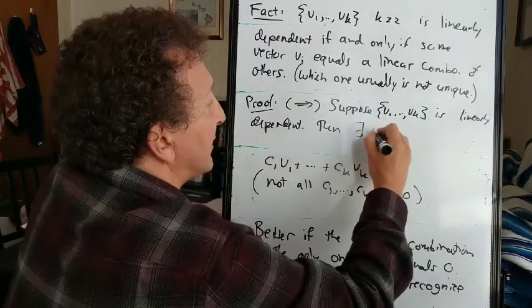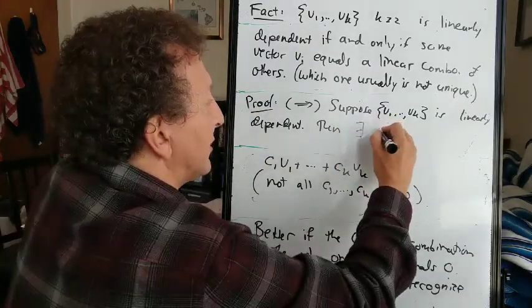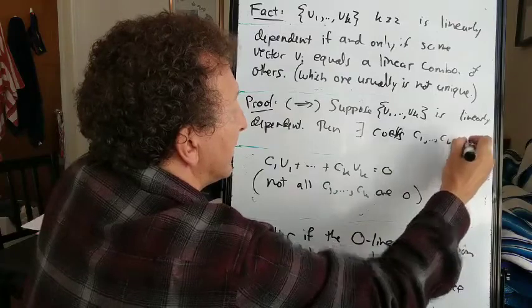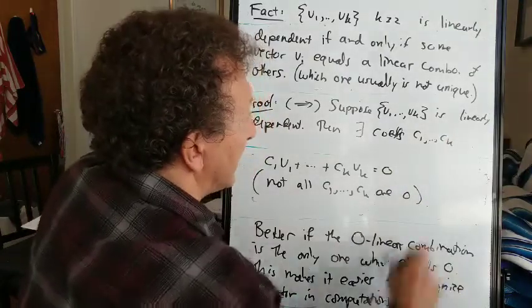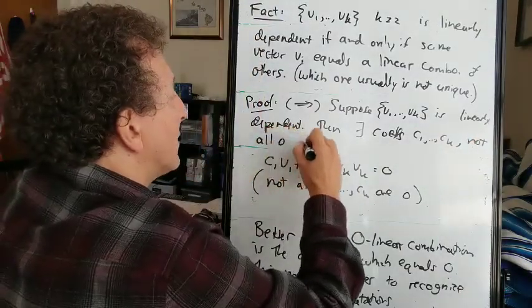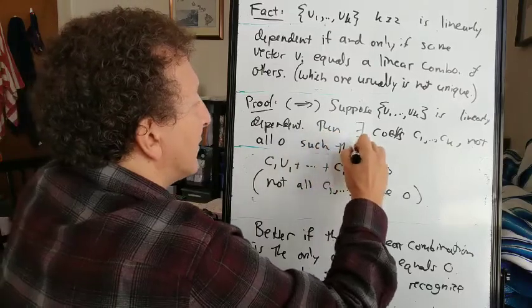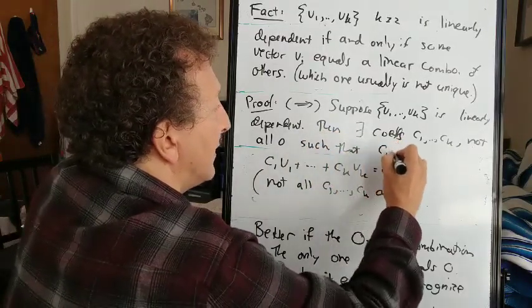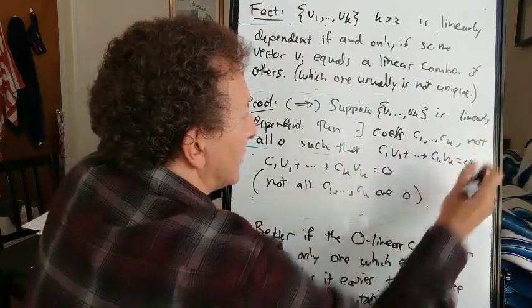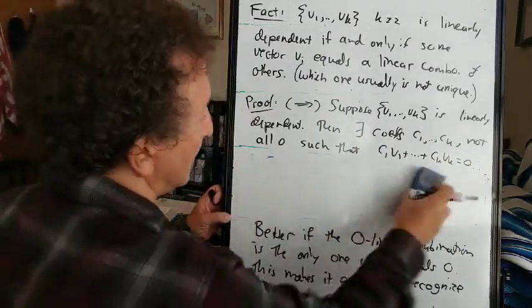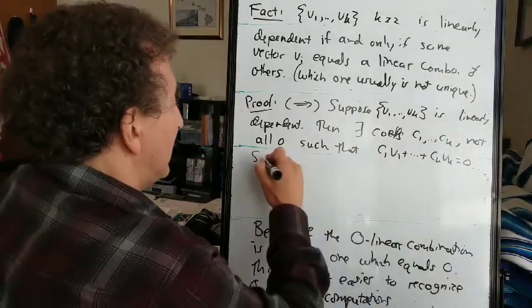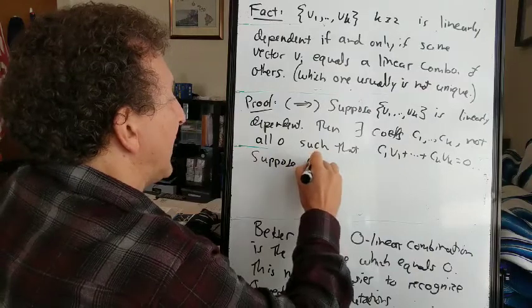Then there exist, this backwards e means there exist, coefficients c1 through ck, not all zero, such that c1 v1 plus dot dot dot ck vk equals 0. Now if they're not all 0, let's pick one of them that's not 0. So suppose ci is not 0.